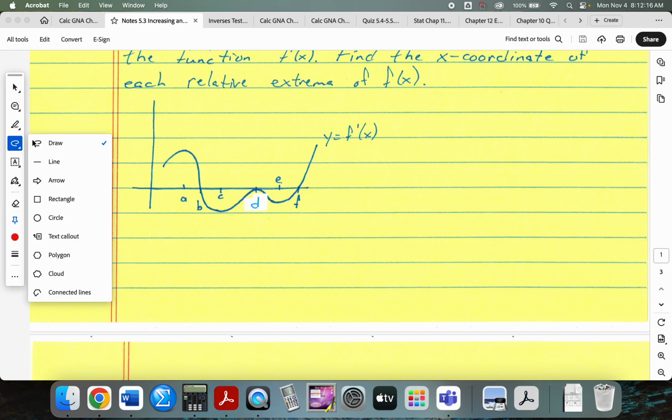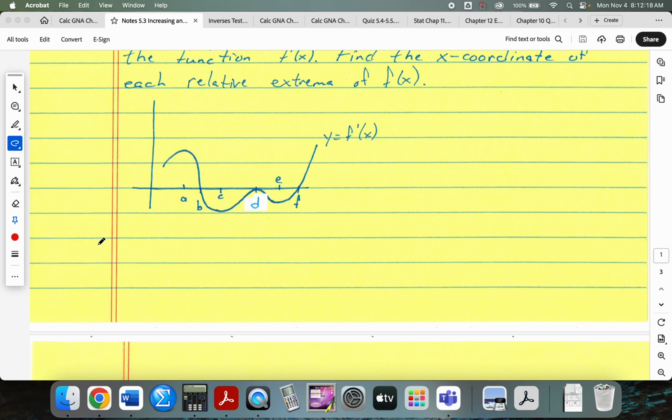And this is going to happen a lot where we're interested in what's happening to f, but we're looking at the derivative. So don't be fooled by points like a. That's not a relative maximum or a relative minimum of f. It's a relative maximum of f prime, but not of f. B, on the other hand, is.